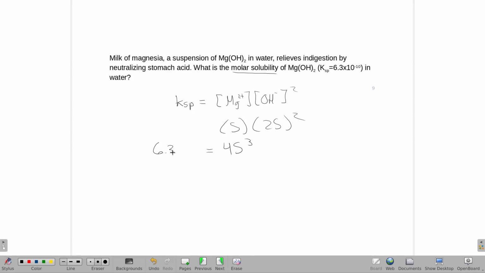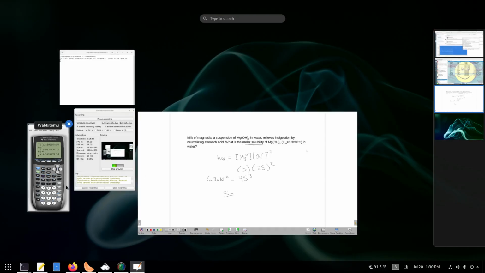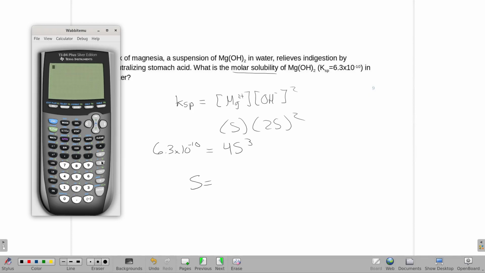And that's going to be equal to 6.3 times 10 to the negative 10th. That's our K. We're just solving for s now. On my calculator, I start with that K. Divide by 4 first, and now technically I need to do a cube root.